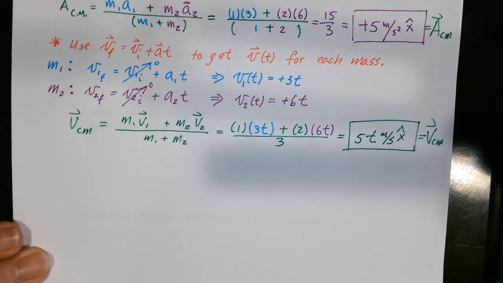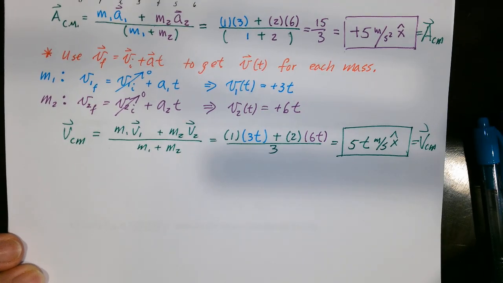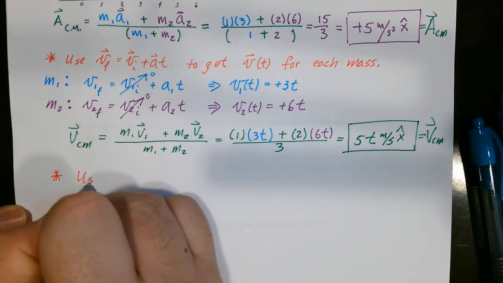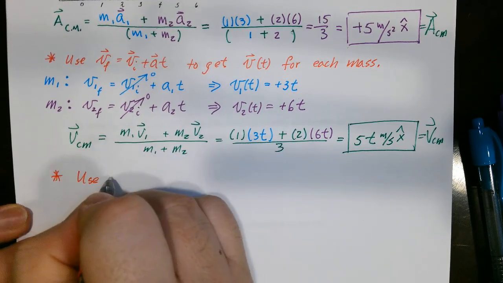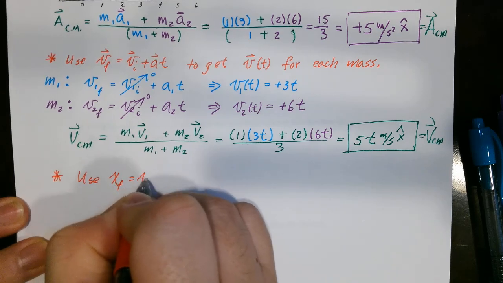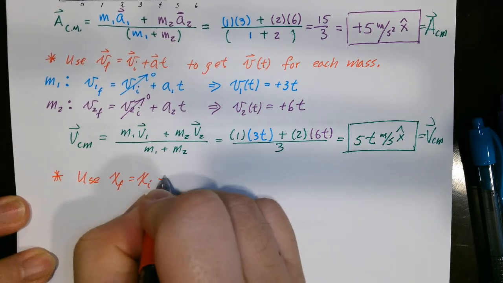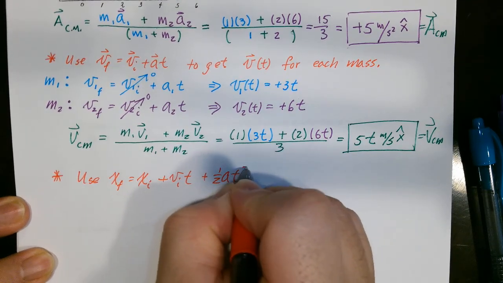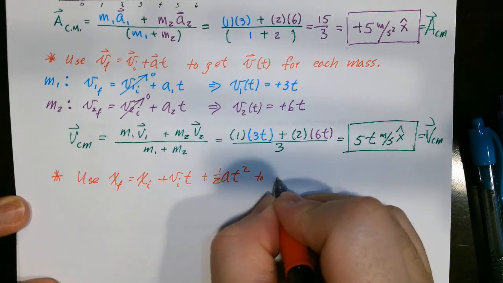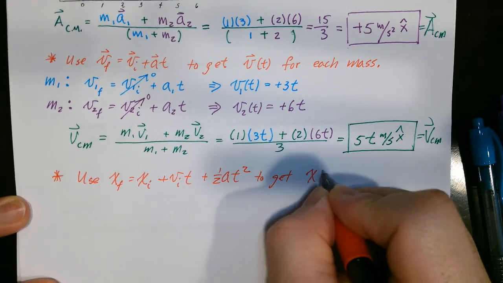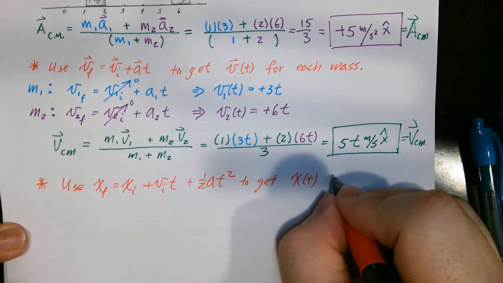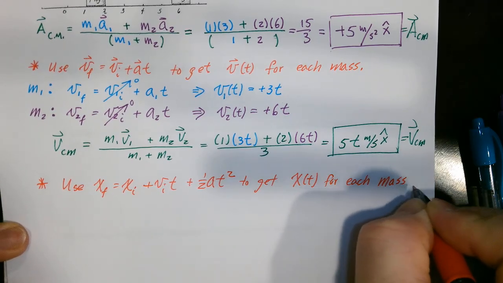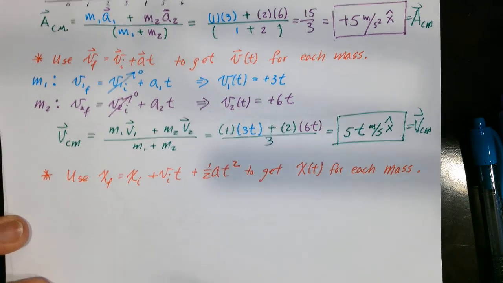And of course, for the x, for the position, right? So for position, use xf is equal to x initial plus Vit plus 1/2 At squared to get x of t, right, for each mass. Okay?